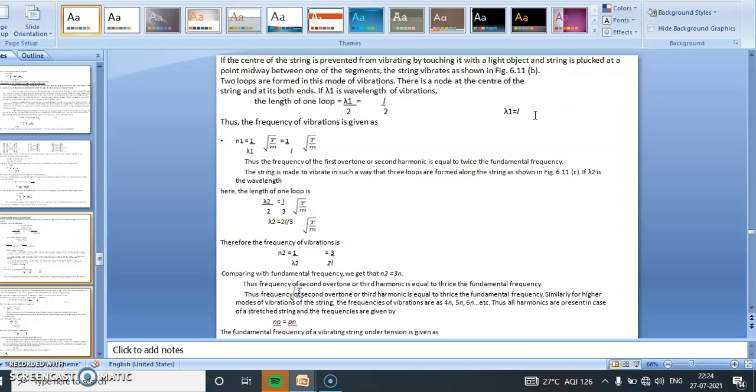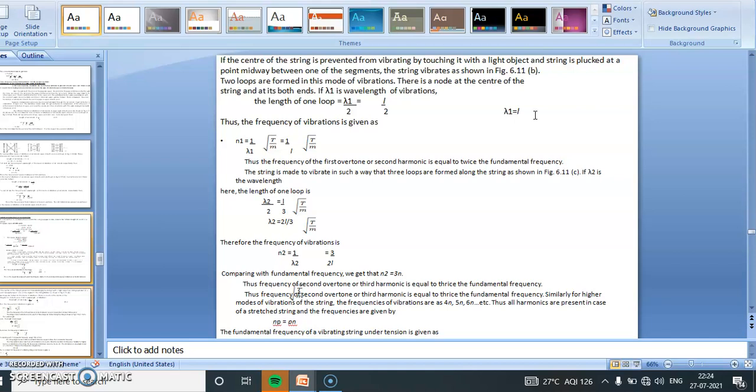Then next, the string is made to vibrate in such a way that three loops are formed along the string as shown in figure C. If lambda 2 is the wavelength, the length of one loop is lambda 2 by 2 is equal to L by 3. So here we get lambda 2 is equal to twice L by 3.